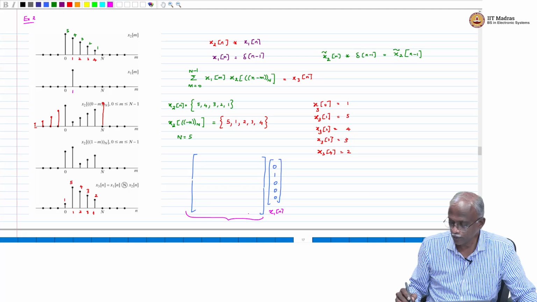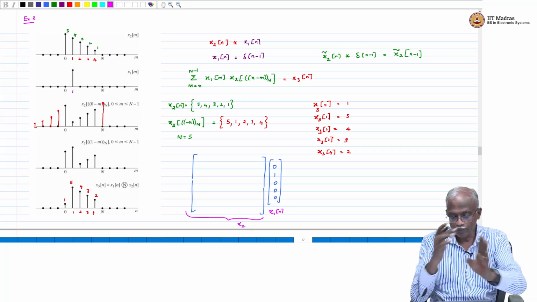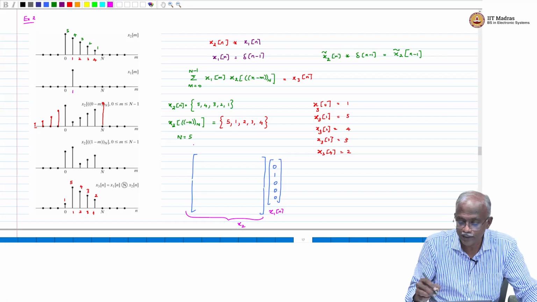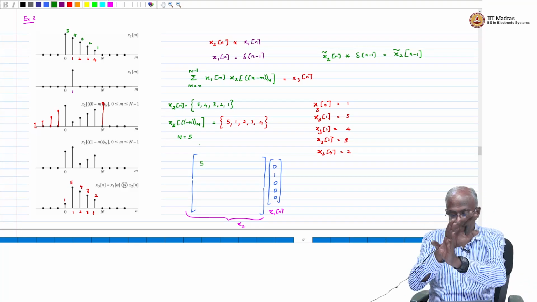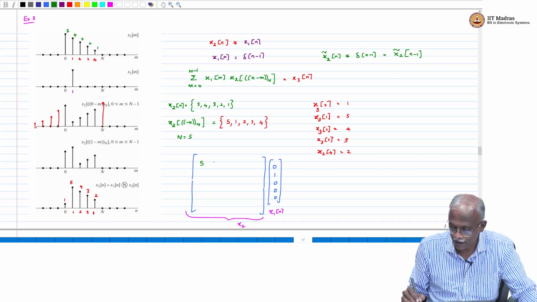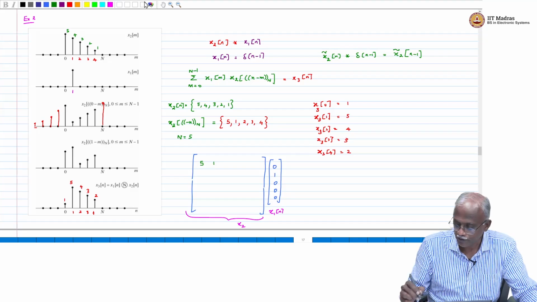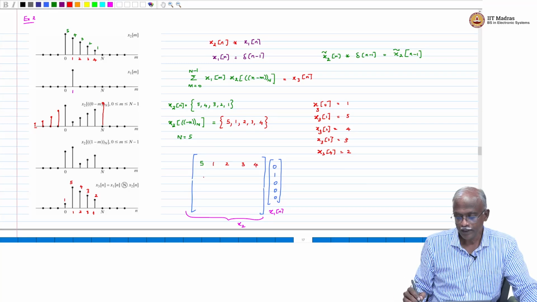This should correspond to x2. So we have to write it in the time reversed order. The first sample is equal to 5. And remember, the sequence is now time reversed. What you have here is 1, 2, 3, 4.